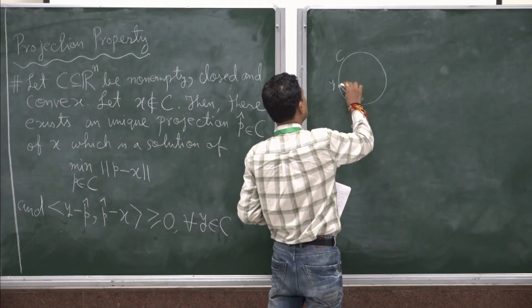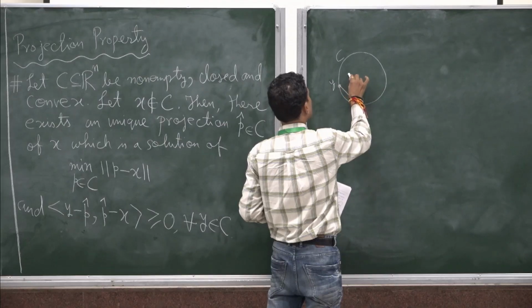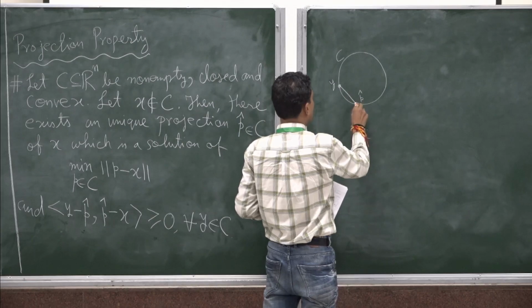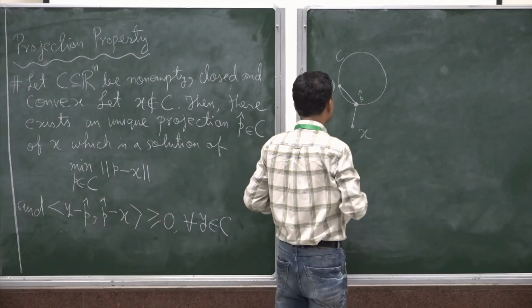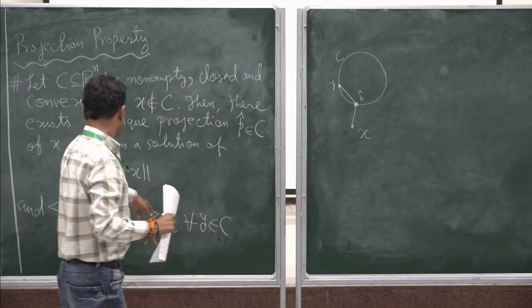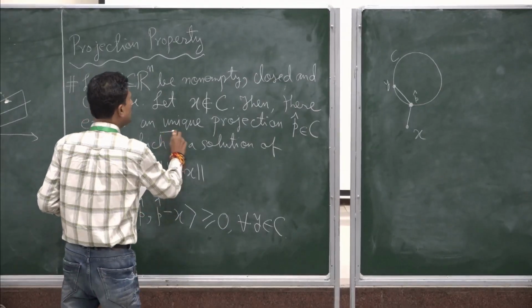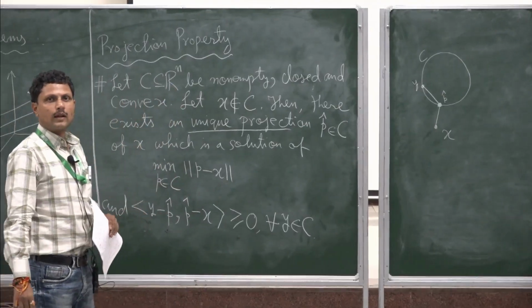You can move this vector anywhere in the set because Y is everywhere. Then we can find a point P cap in this set which will be the unique projection.